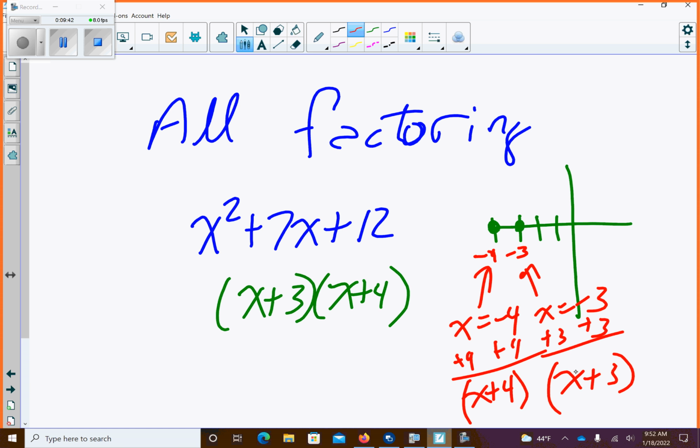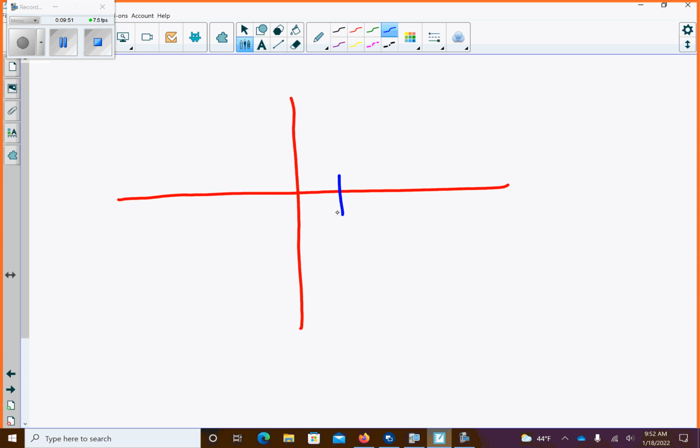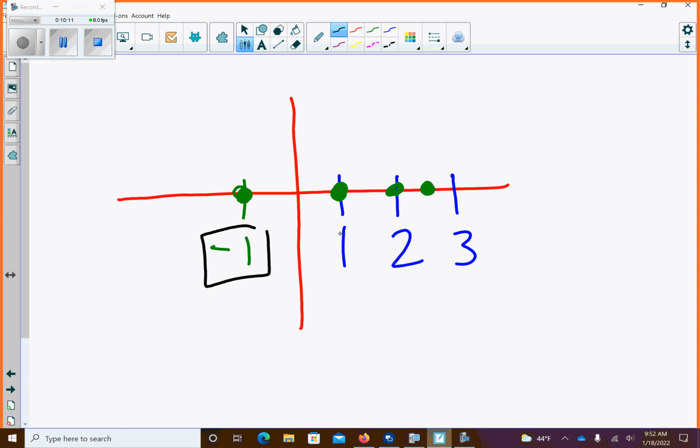Now, what should you do? Let's say you had, and this is not anything given, but let's say I see that it crosses at 1, at 2. So let's say I definitely have a crossing here. I have a crossing here. Let's have another crossing over here. But then let's have a crossing here. Okay, so you're pretty satisfied with these crossings.